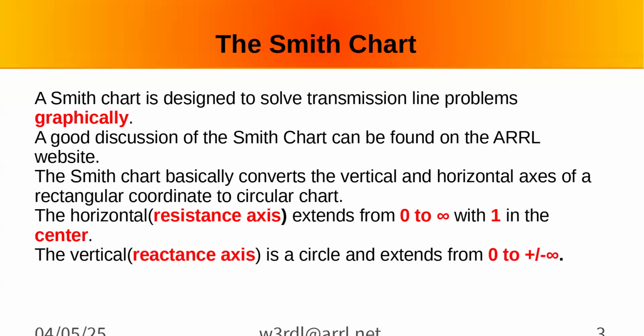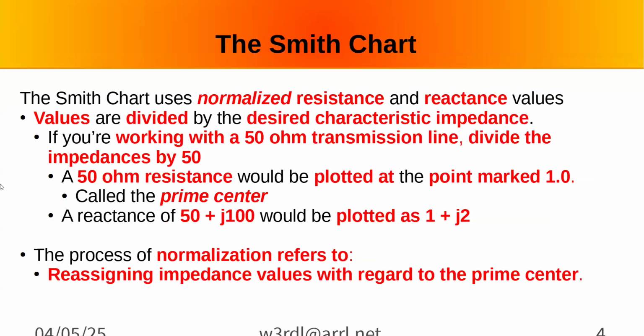And all my reactances are also divided by 50. So they're similar numbers. And then when I'm done, I multiply everything by 50 or whatever number I use to get back to the real numbers. That way, the chart is kind of universal. Doesn't matter what impedance I want to use. And that's what this chart talks about.